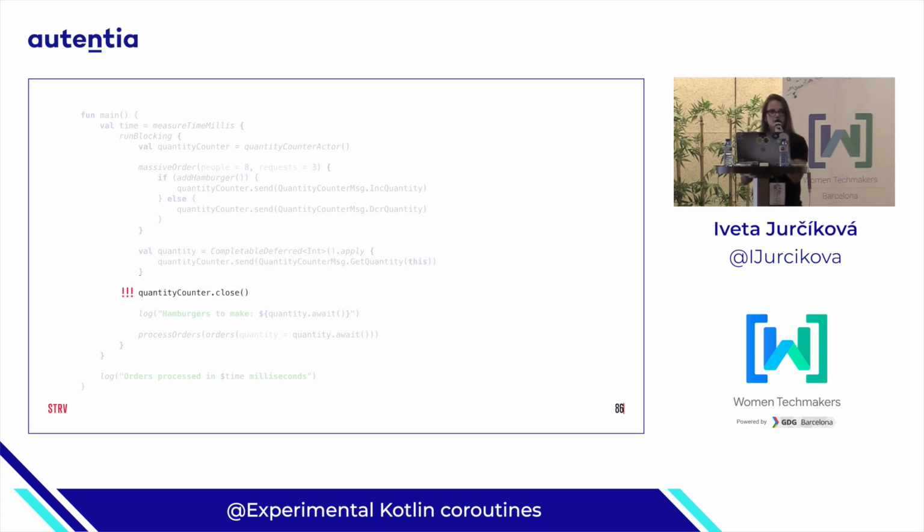And when the actor is no more needed, we cannot forget to close it, no matter if it's created through the constructor or by using the actor coroutine builder. That's an important difference between the produce coroutine builder and the actor coroutine builder. And as the last step, we just load the final number of orders and we process each order the way we have seen a couple of minutes ago.